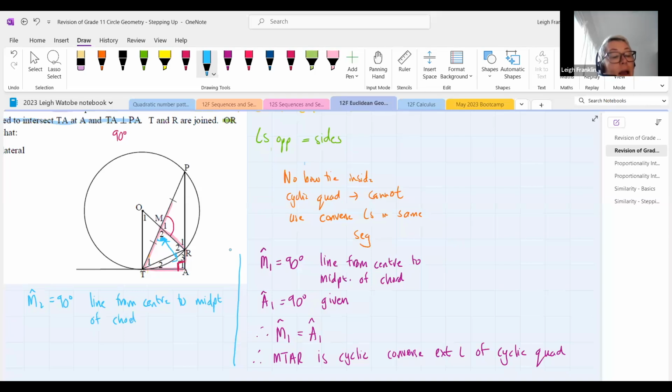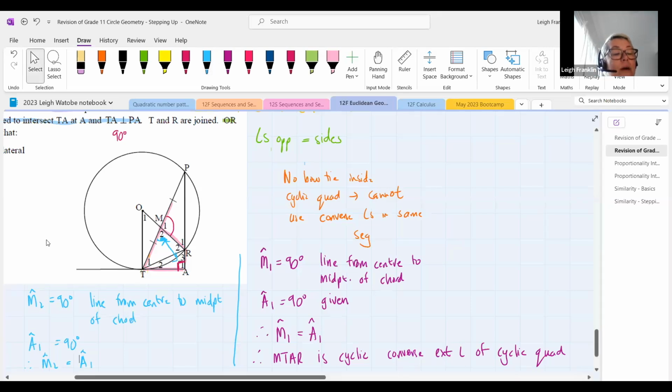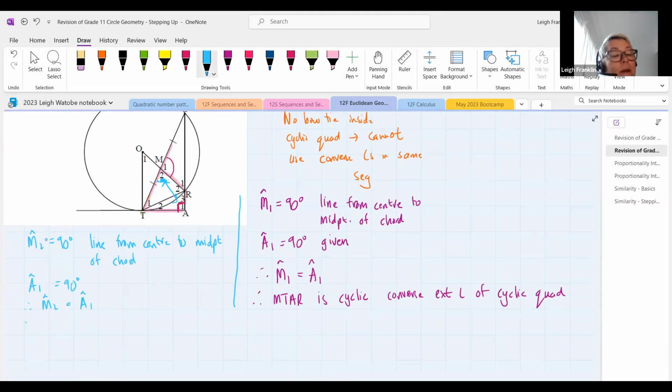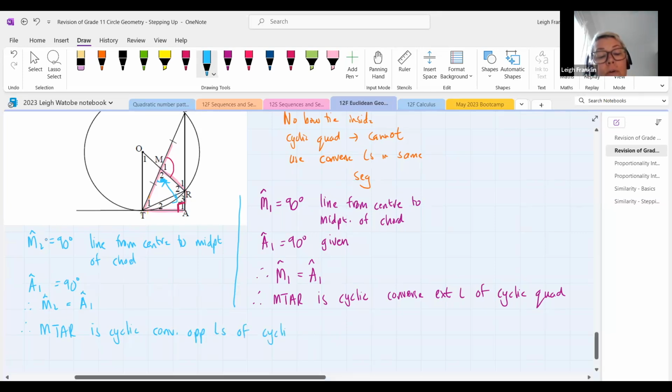Okay, then again, I conclude A1 is 90. Therefore, M2 equals A1. Let's just scooch down a bit. Therefore, MTAR is cyclic, and my reason, converse, opposite angles of cyclic quad are supplementary.